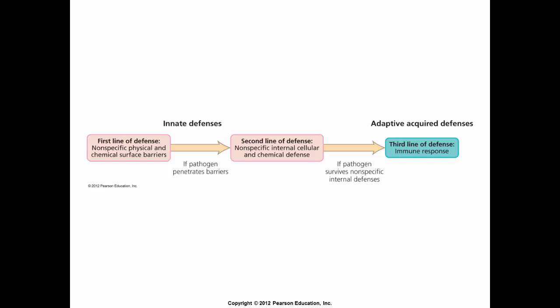Again, they're non-specific, they're innate, we are born with this. Still, if the pathogen is around after going through the second line of defense, our third line of defense, termed either adaptive or acquired defenses, goes into action.